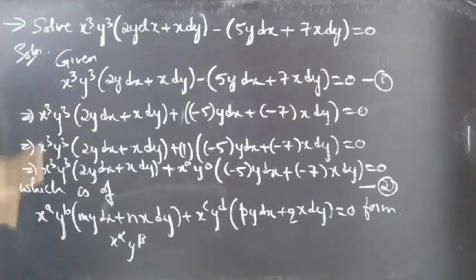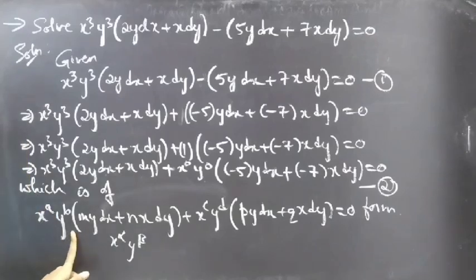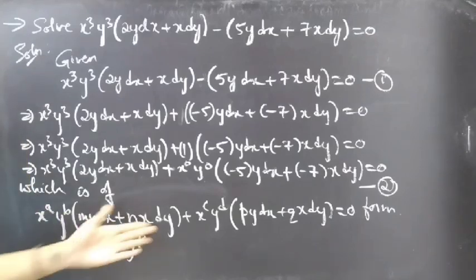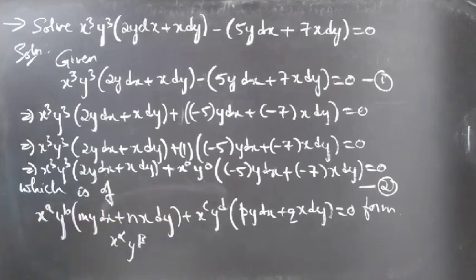Because this is of this form, x power a y power b into some two terms and this form. So by looking at the equation itself we can say this is of this form, and here x power alpha y power beta is the integrating factor. And it is non-exact.